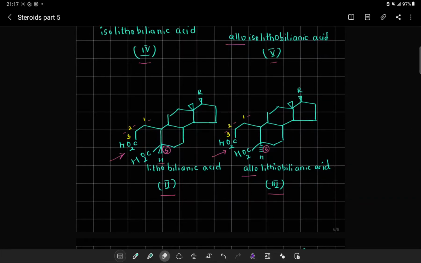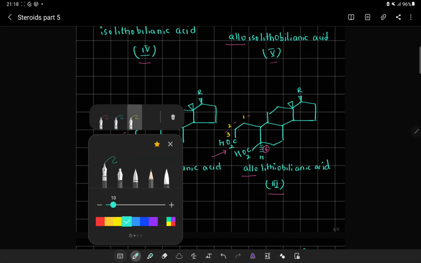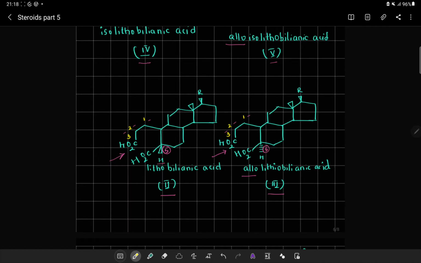Hello everyone. In the previous class, we observed how we could synthesize the isomeric acids utilizing compound number 1, that is the cholesterol system nucleus structure, in which we could synthesize various types of isomeric acids.